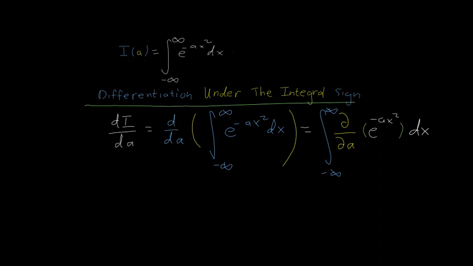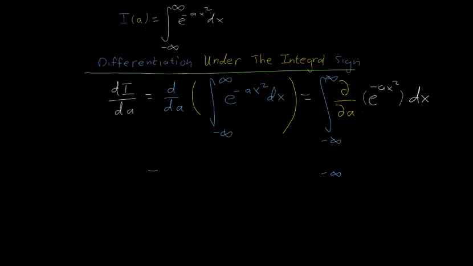If I differentiate this with respect to a, x remains constant, so I'm left with negative x squared. So it's going to be negative the integral from minus infinity to infinity of x squared e to the negative ax squared dx.